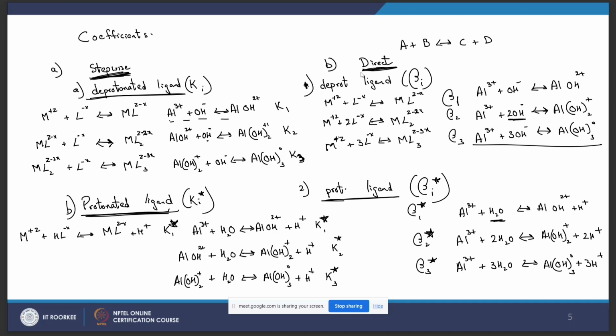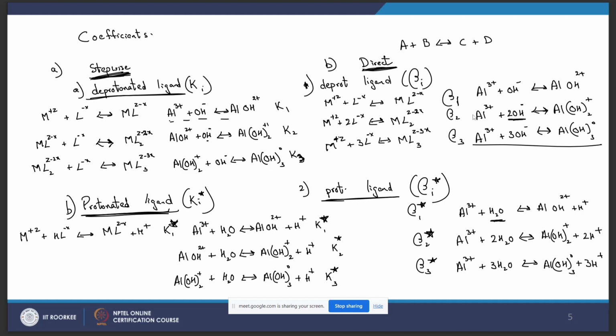Next we have beta, the direct deprotonated ligand. Suppose we are writing for aluminium, then for the first complex we write Al3+ plus OH minus gives AlOH 2+. Next, if we want to write for Al(OH)2, then we directly write from Al3+.